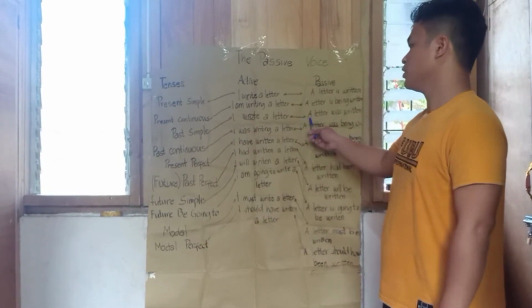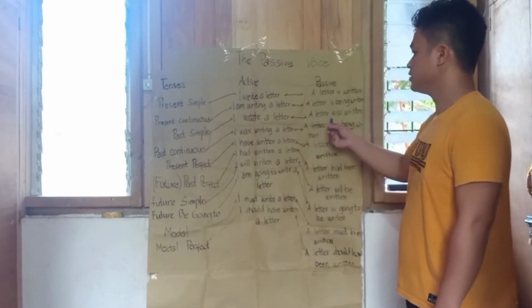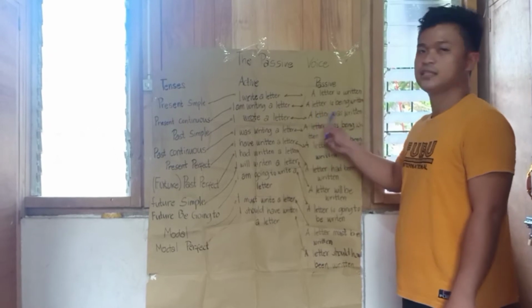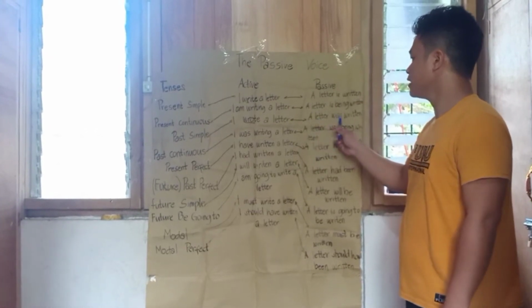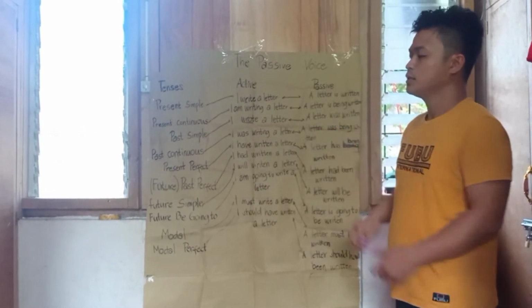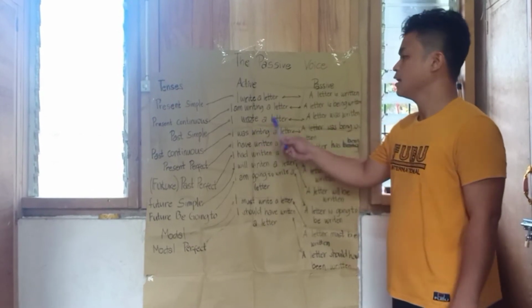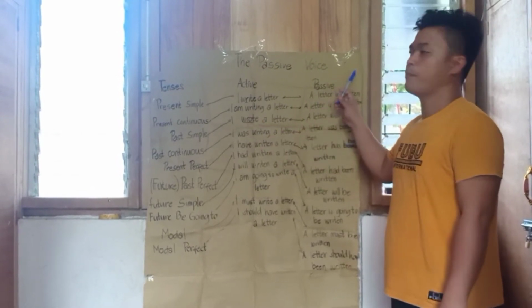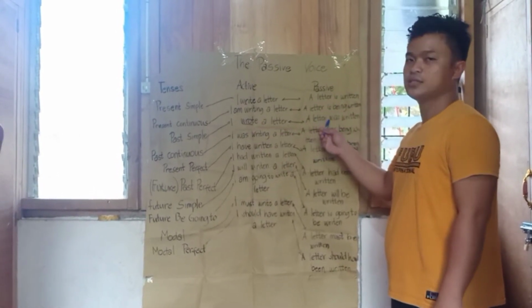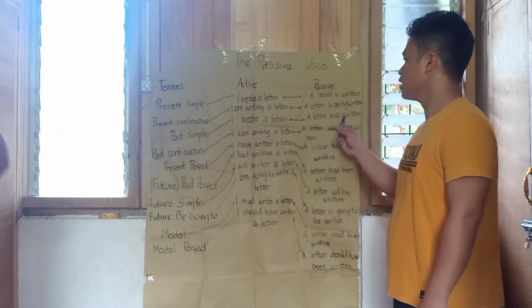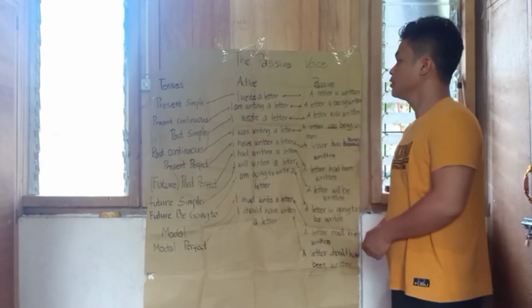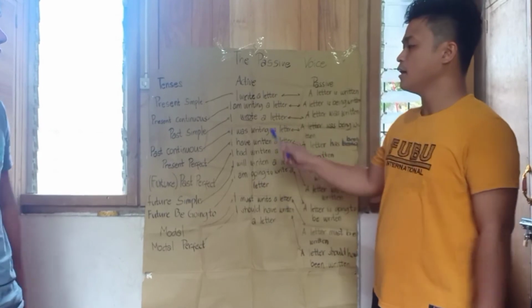So we conclude that the action is already done. "A letter was written" is the example of past simple in the passive voice. The letter is already done. Okay? Next, we're talking about the past continuous.